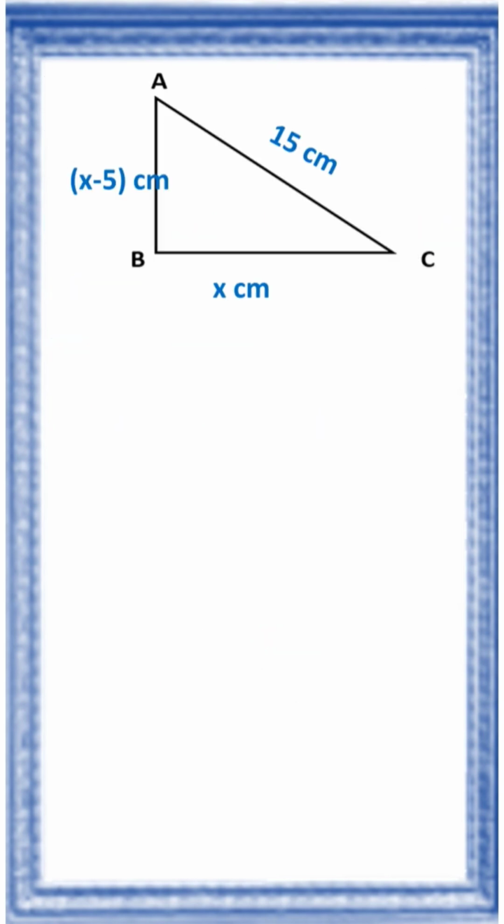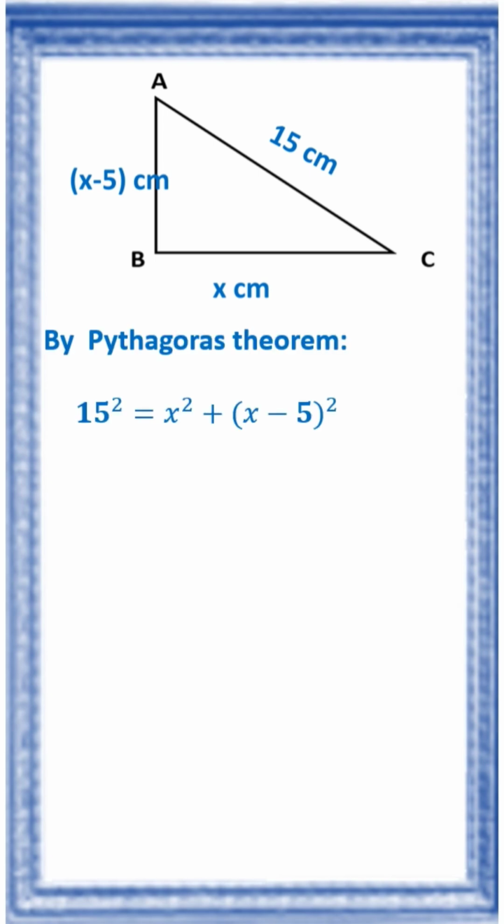So now let us apply Pythagoras theorem. Pythagoras theorem states that the square on the hypotenuse is equal to the sum of squares on the other two sides. So 15 square is equal to x square plus x minus 5 the whole square. Expand this. 15 square is 225.